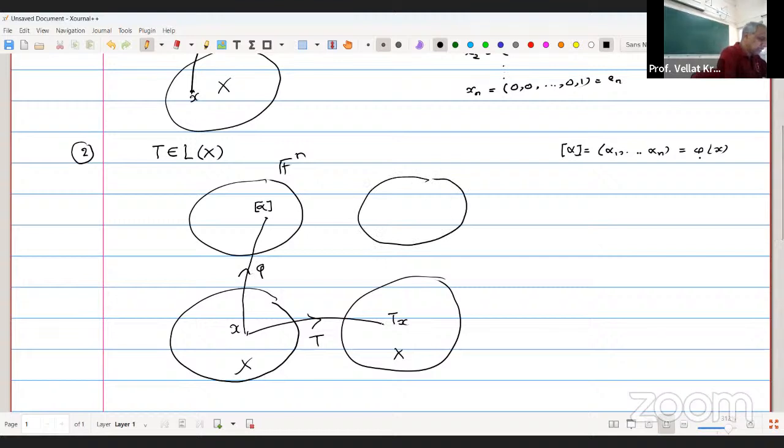So Tx gets mapped to an element, I think I'll write it as beta.